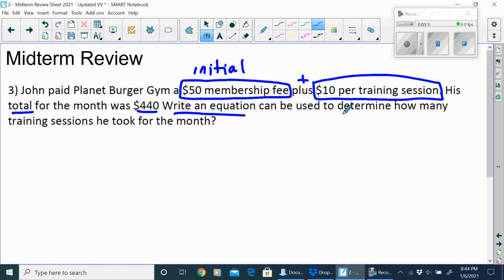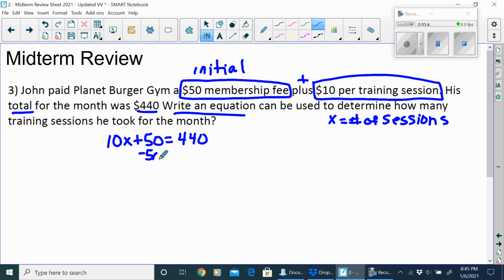We don't know how many sessions, so we're going to say x equals the number of sessions. So the equation will be $10 per session, x, plus 50 for the fee, and he paid a total of $440. We have to see how many sessions. We have to solve for x.